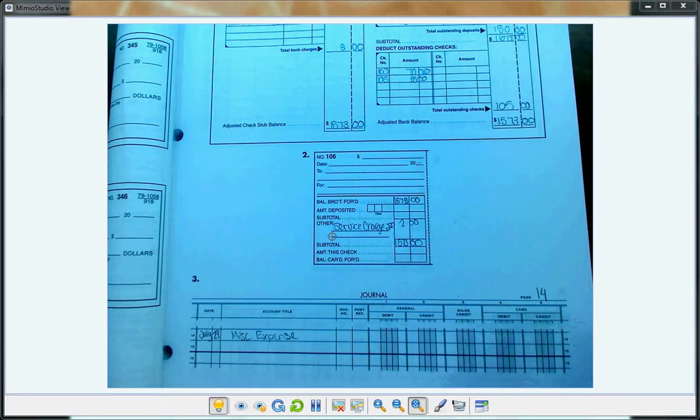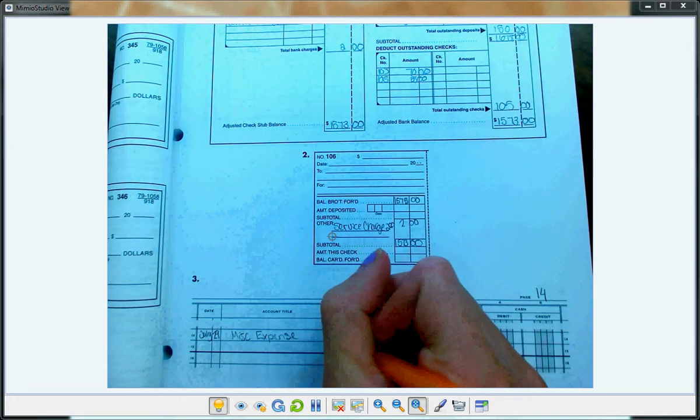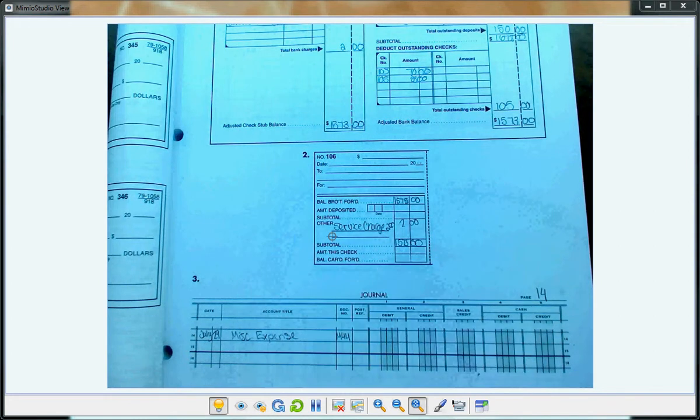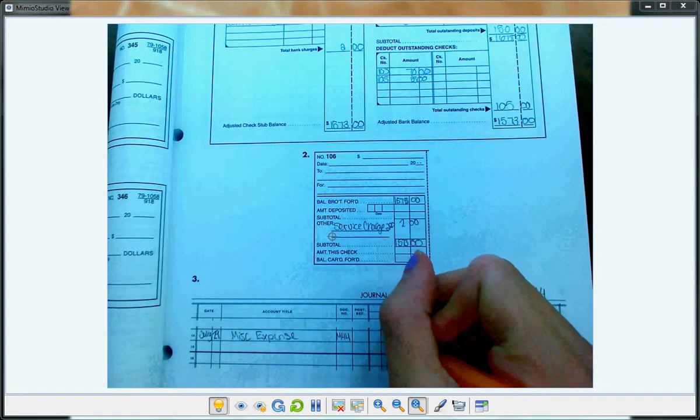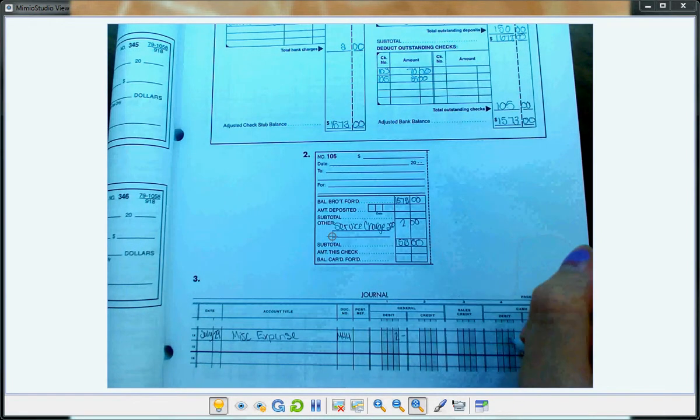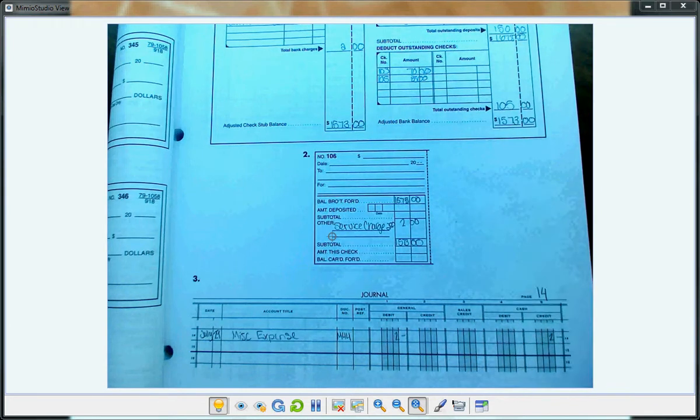Document number is M44. And then is this going to be a general debit or credit? General debit. Where's our credit going to be at then? Cash. So general debit $2, cash credit of $2. Okay, that was all we needed to do.